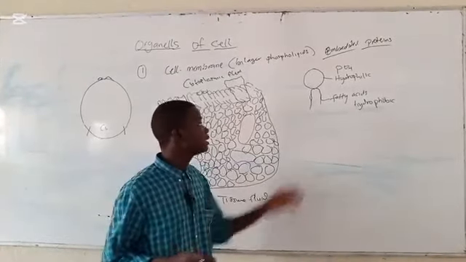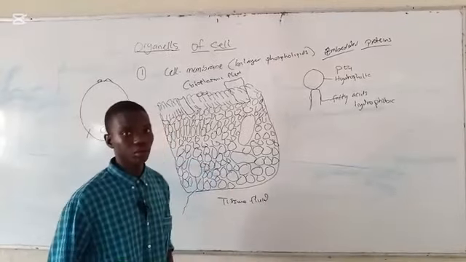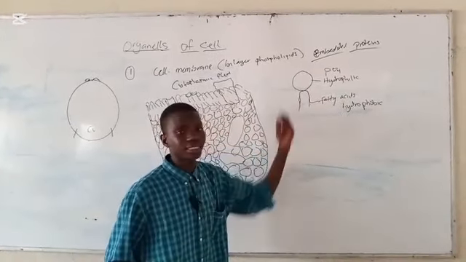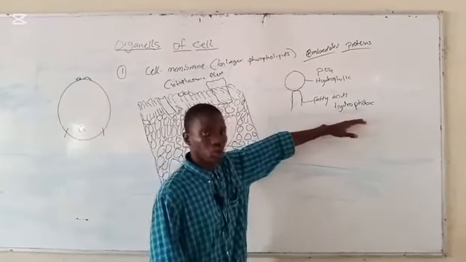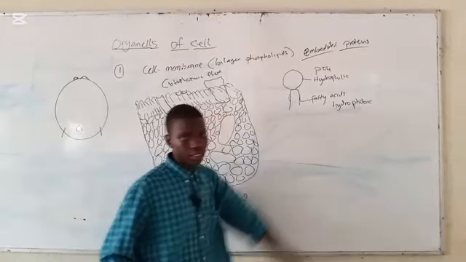Now, the next thing is the fatty acid or the lipid aspect of the molecule. These fatty acids are said to be hydrophobic. Hydro means water, phobic means hate. So they hate water.